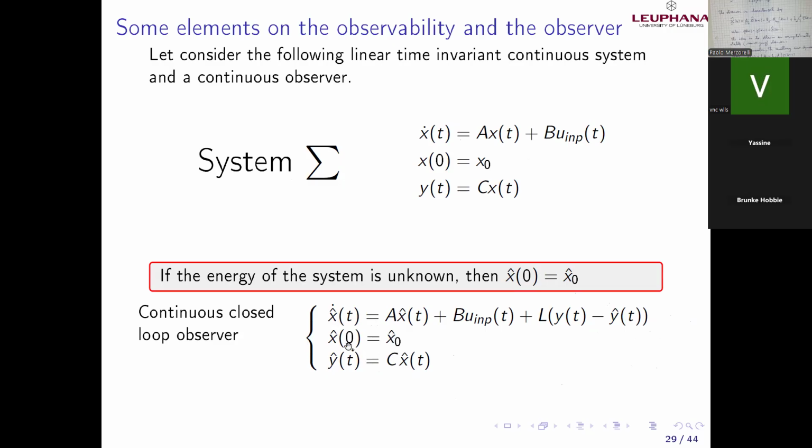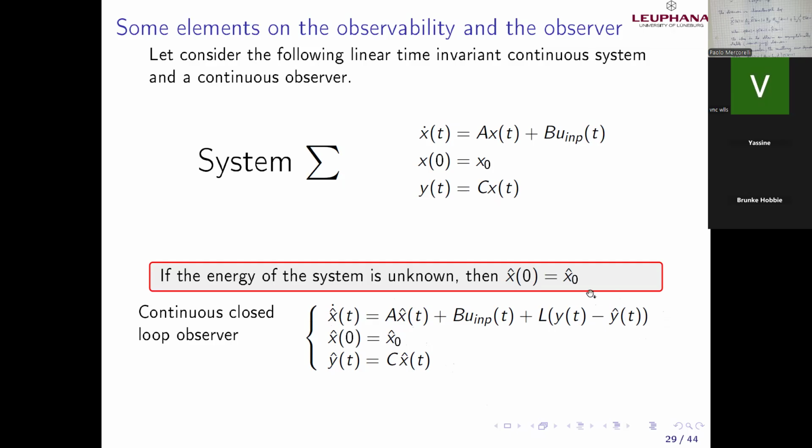I mean, x of 0 is not necessarily known. This means I will call x hat of 0 equal x0 hat, because the initial condition is not known. In any case, x is not exactly its hat, because of this unknown initial condition.